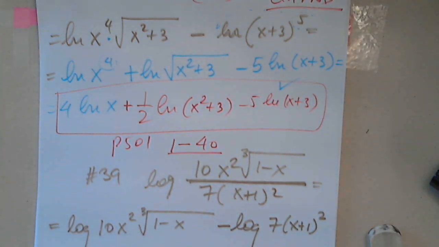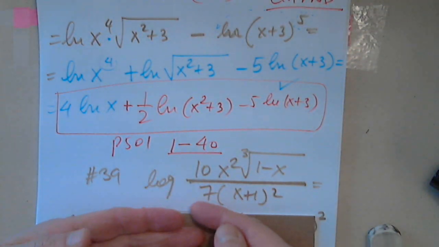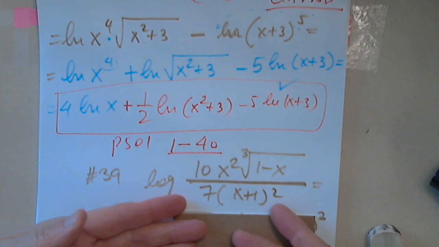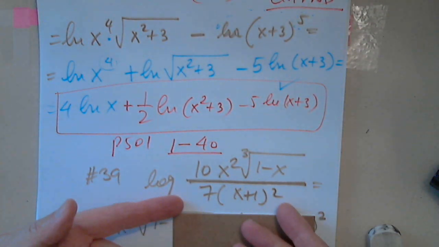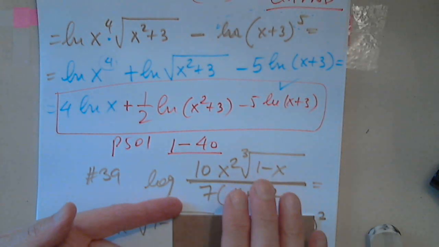Before we continue, I have a question. How many factors do we see in the denominator? 2. Yes, I see 7, and I see x plus 1 squared. Excellent.